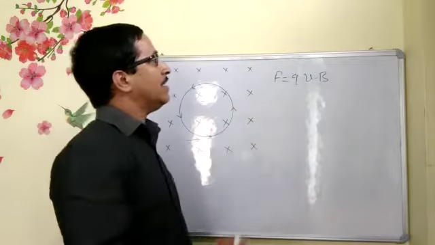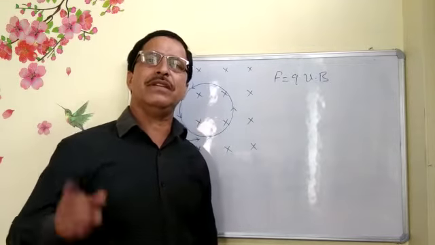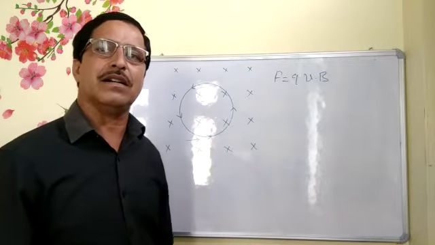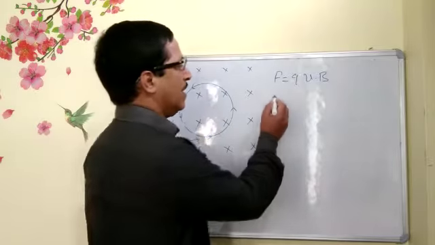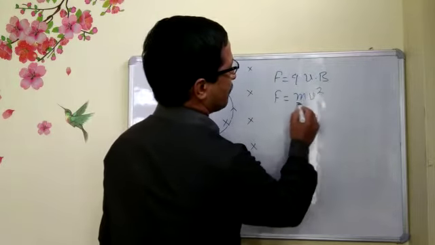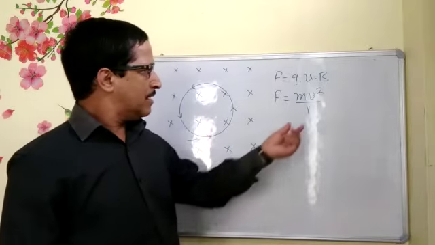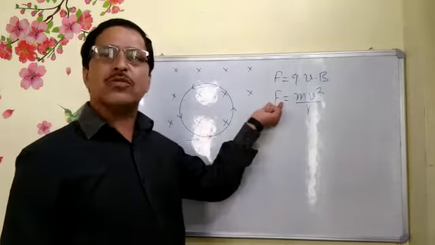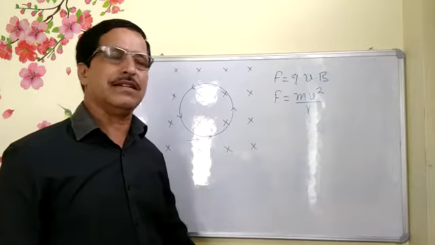You know that if any mass m is moving at a speed v in a circle of radius r, then it requires a centripetal force F equal to mv square upon r. So if the charged particle here has mass m and its velocity is v, then it will also require a force F equal to mv square upon r for its revolution in this circular track.